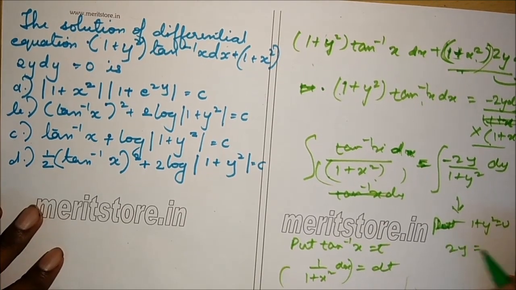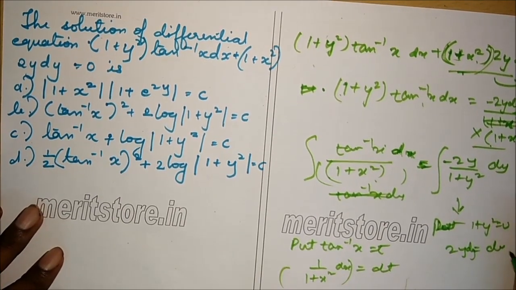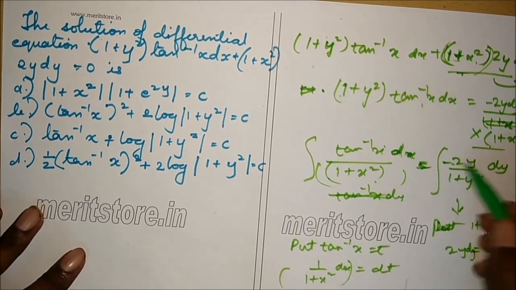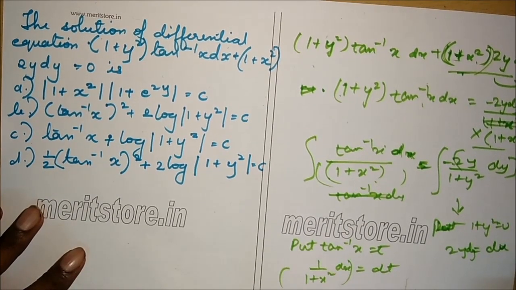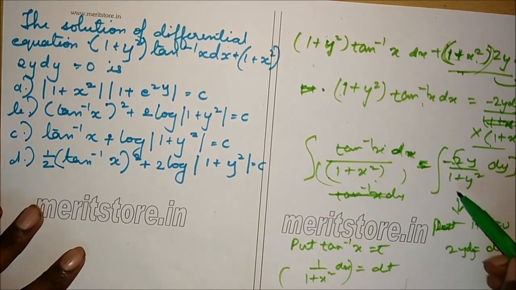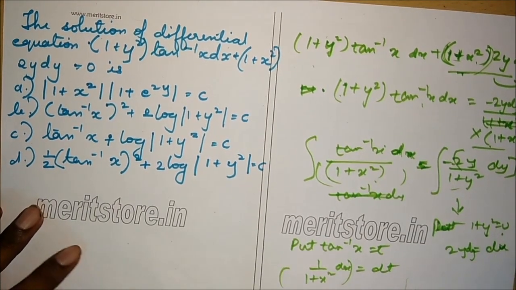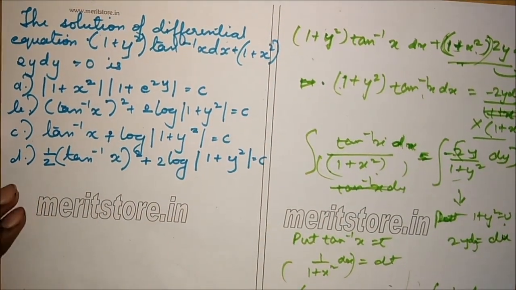So therefore 2y dy will be du. So this will be integration of 2y dy is du, so du into 1 by 1 plus y square is 1 by u. So minus 1 by u. So now we integrate this.